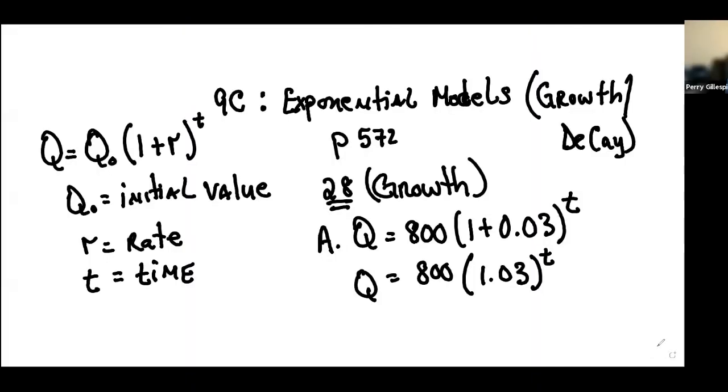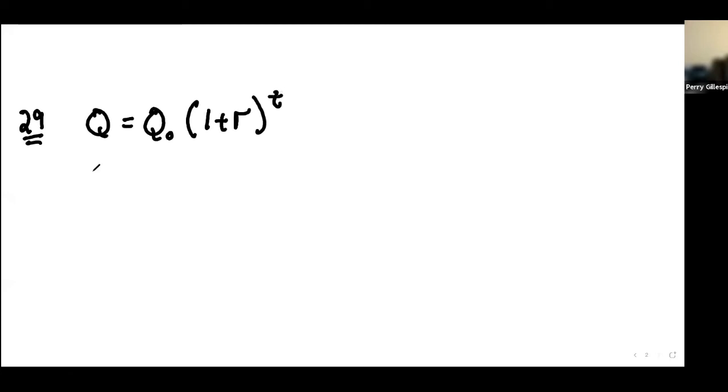So real quick, as I go back to my worksheet, we're starting out with our formula. Q is equal to Q naught times 1 plus r, raised to the t power. Now remember, Q naught deals with the initial.